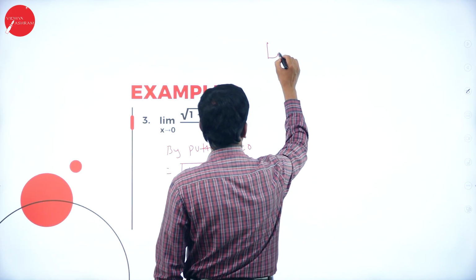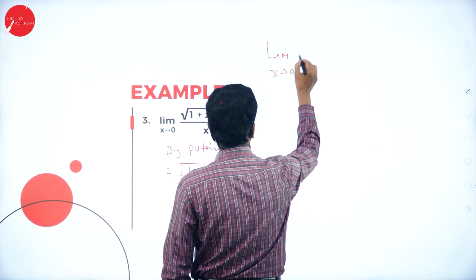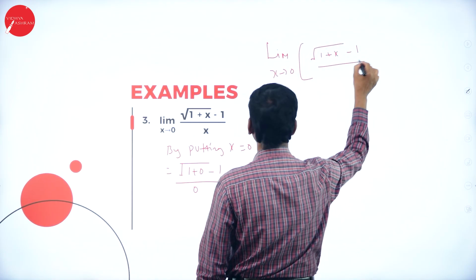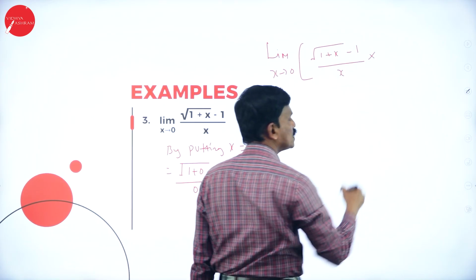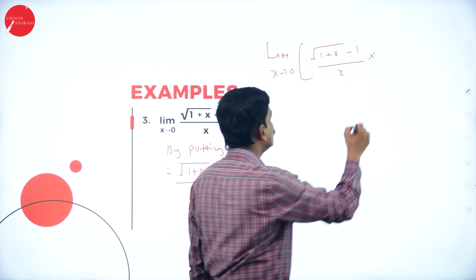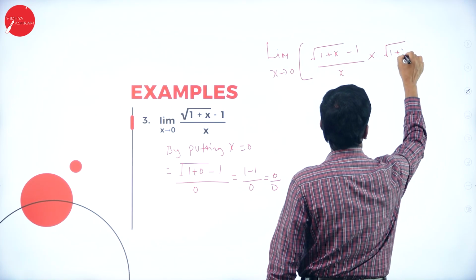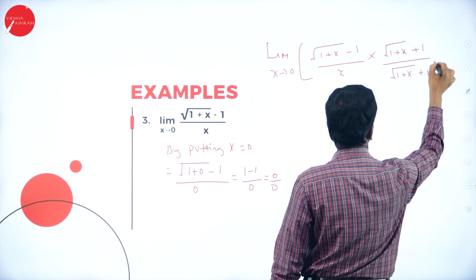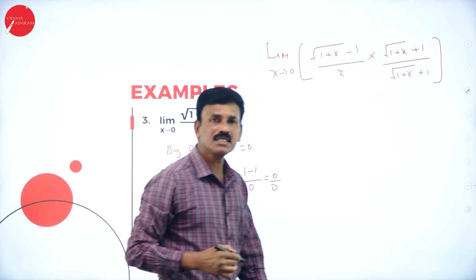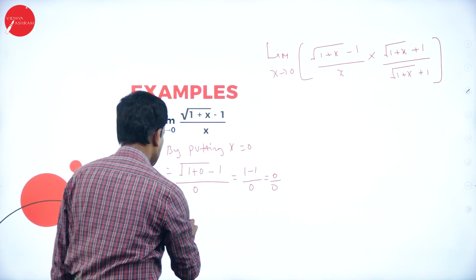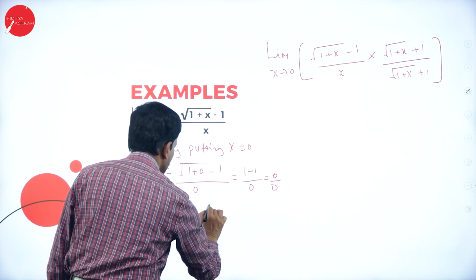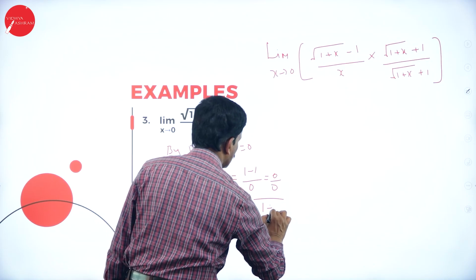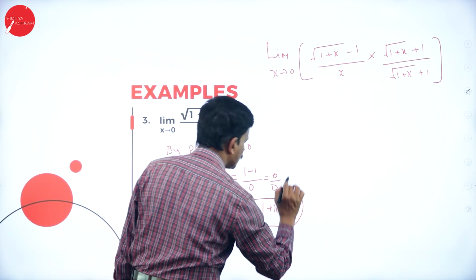So therefore this can be written as limit x tends to 0 of root of 1 plus x minus 1 divided by x. For this, just multiply and divide by root of 1 plus x plus 1 divided by root of 1 plus x plus 1. That means just rationalize the numerator, multiply and divide by root of 1 plus x plus 1.